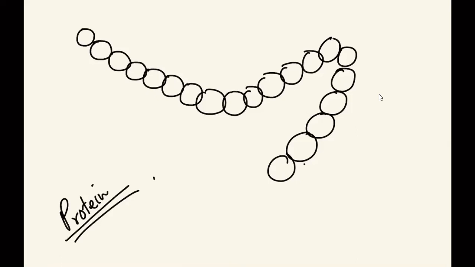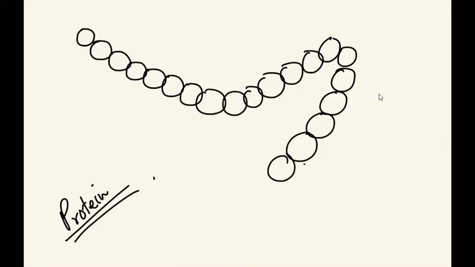Can you see the primary structure in this protein molecule? Yes or no? Yes, miss, we can see the amino acids. How can you see them? They're just circles which have been drawn. So, miss, they represent amino acids?